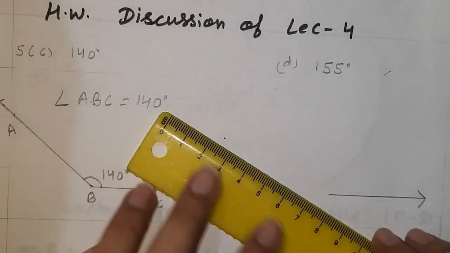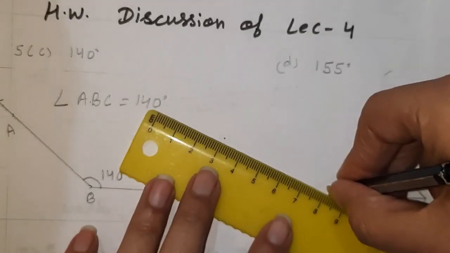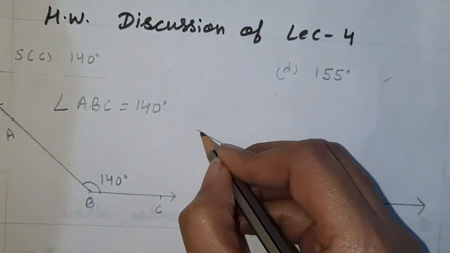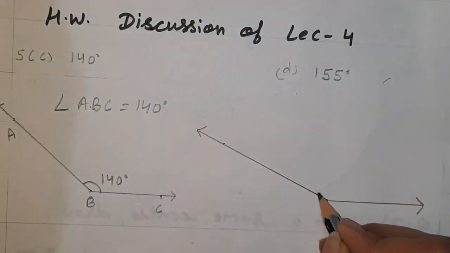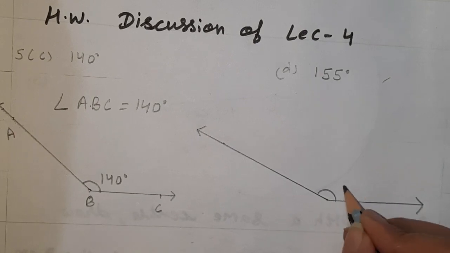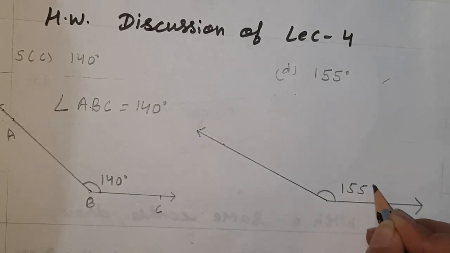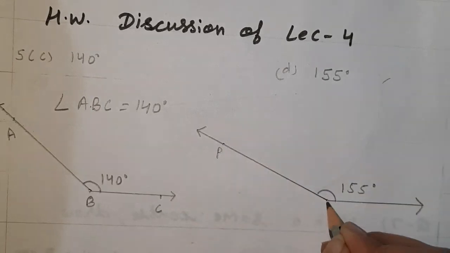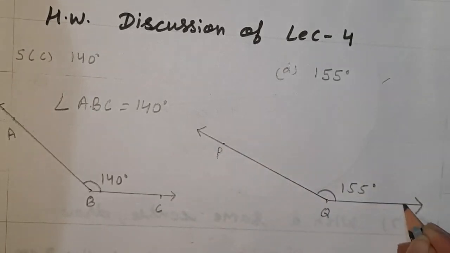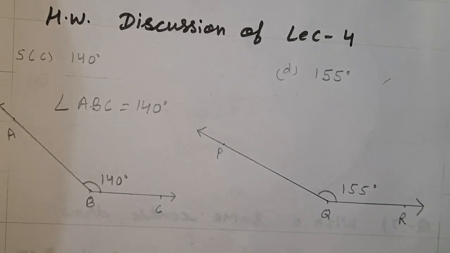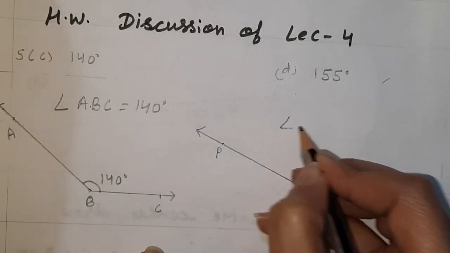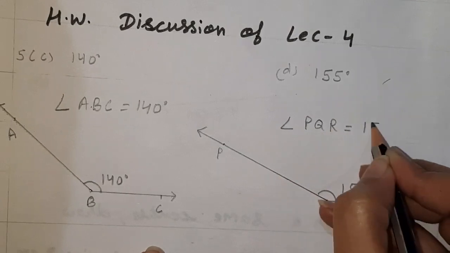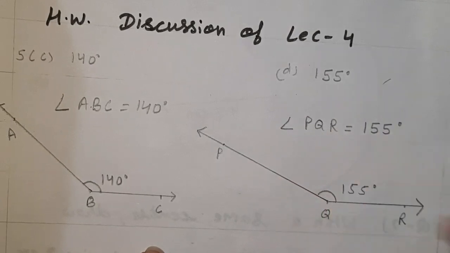Remove it. Use scale. Draw the ray. This measurement is of 155 degree. Give the name P, Q, R. So angle PQR is equal to 155 degree.